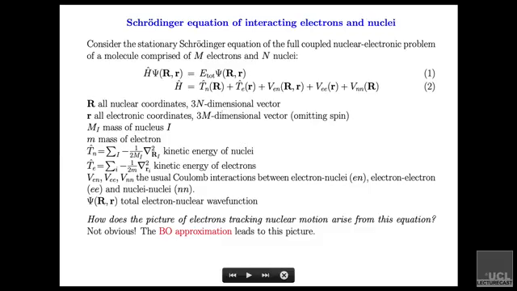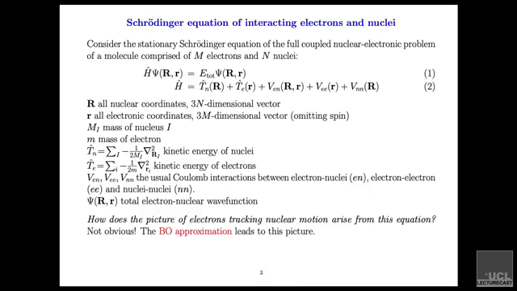The wave function, importantly, is not an electronic or a nuclear wave function. It's a fully coupled electron-nuclear wave function, depending on all the nuclear coordinates, capital R, and all the electronic coordinates, small r.